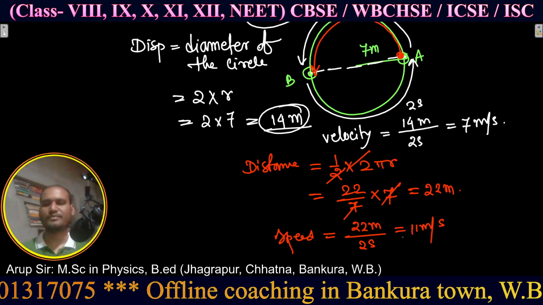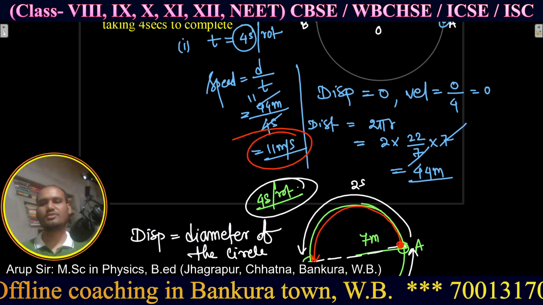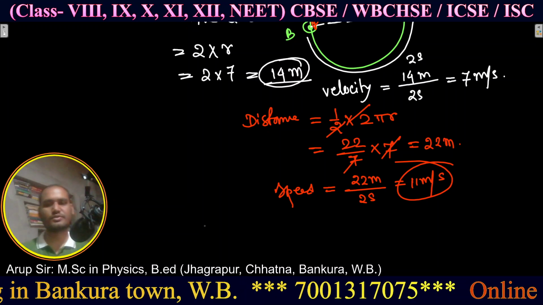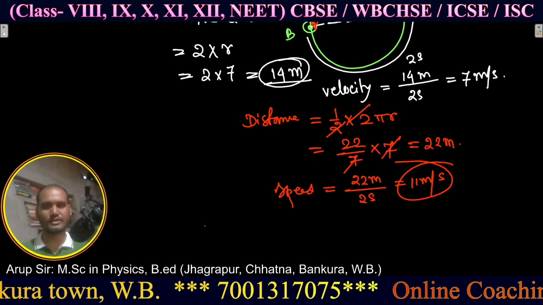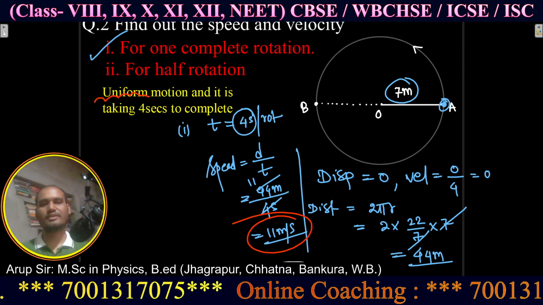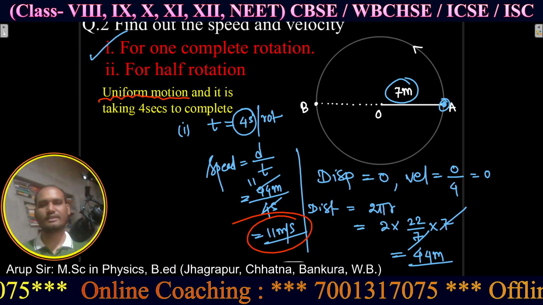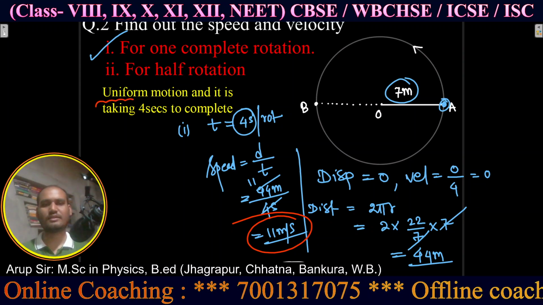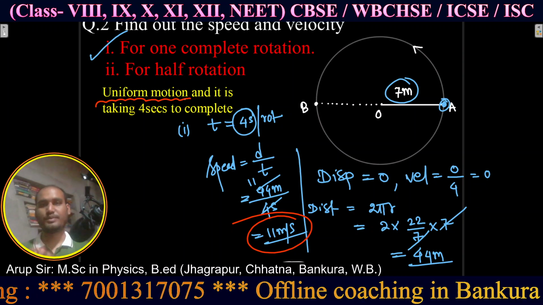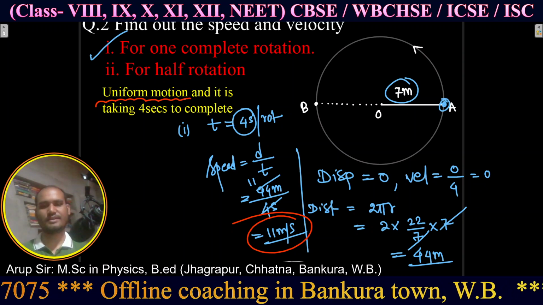So speed is the same. You can see that for the first case we were also getting 11 meter per second. For the second case also we are getting 11 meter per second. Why is it happening? Because of this line. I have already said in a single line about uniform motion, that at each and every point the speed of that particle or object is the same.